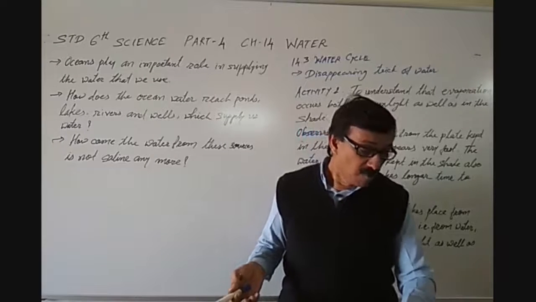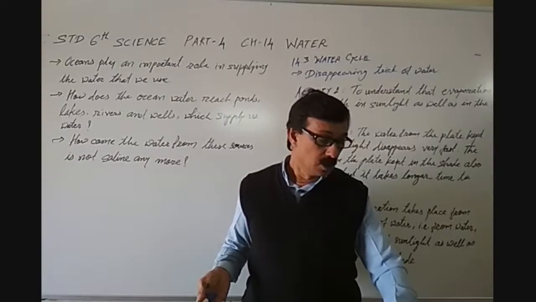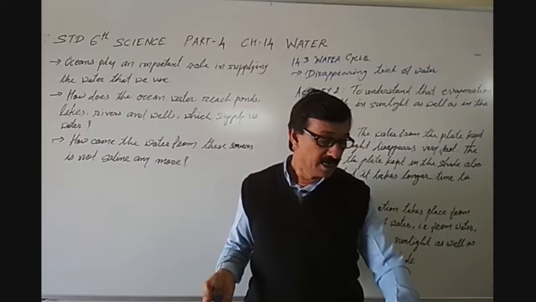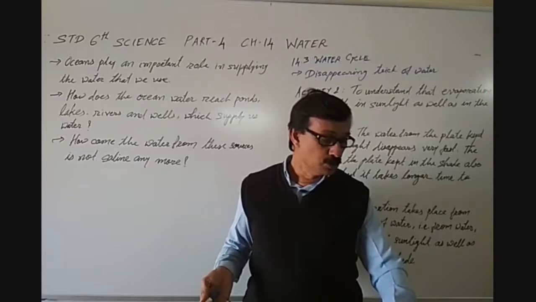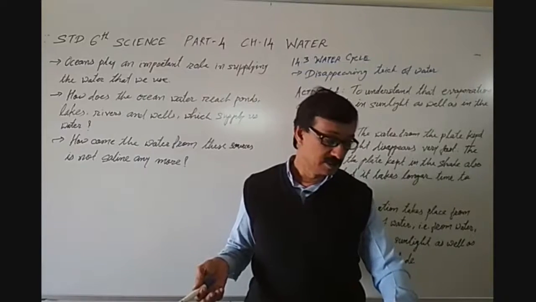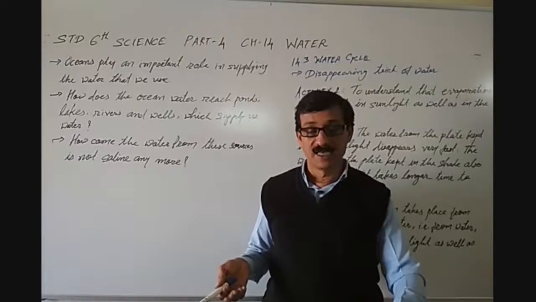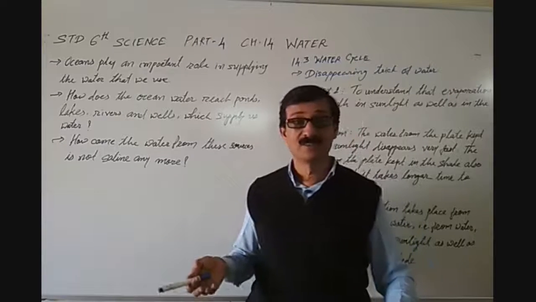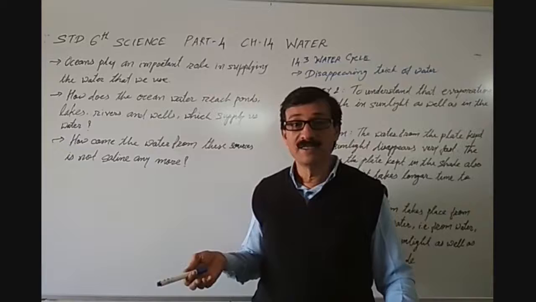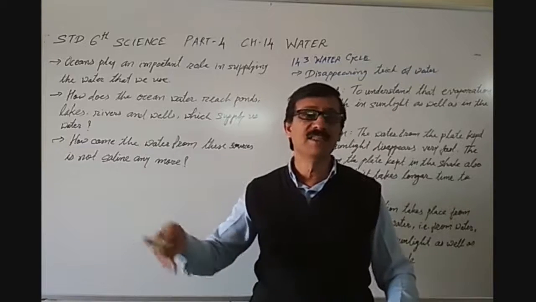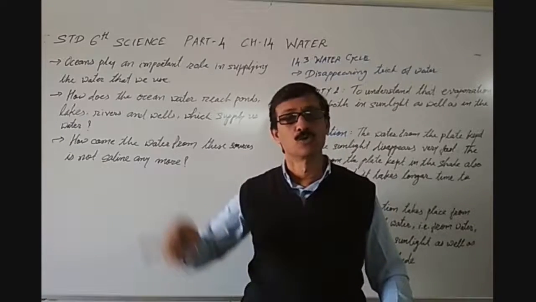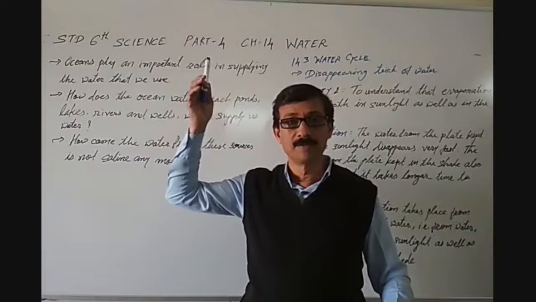Okay, water from wet roads, rooftops, and a few other places also disappears after the rains. When rain comes, we find that everywhere there is water, on the road also, on the roof also.